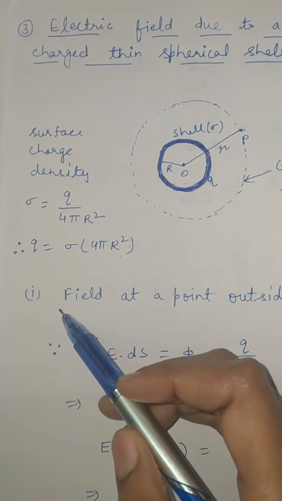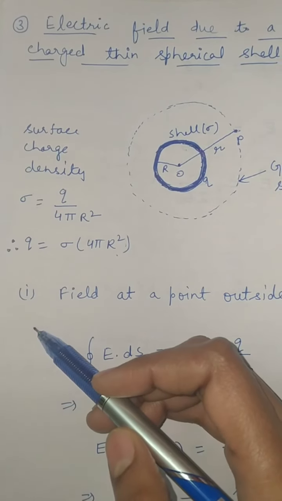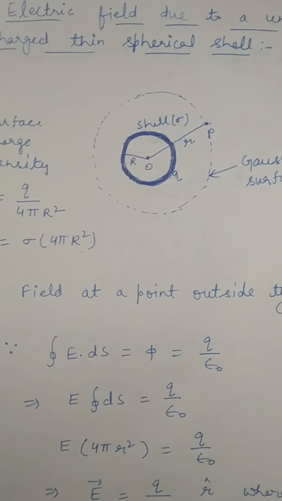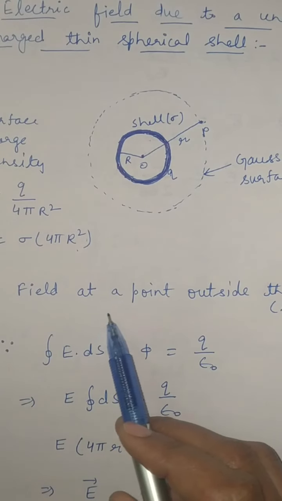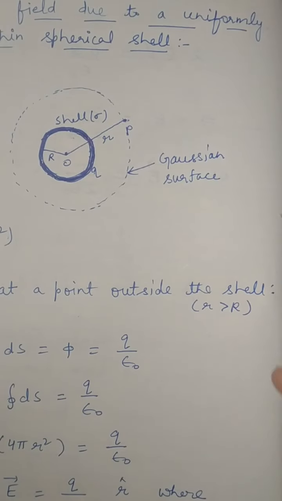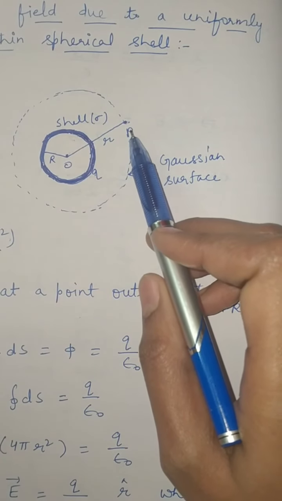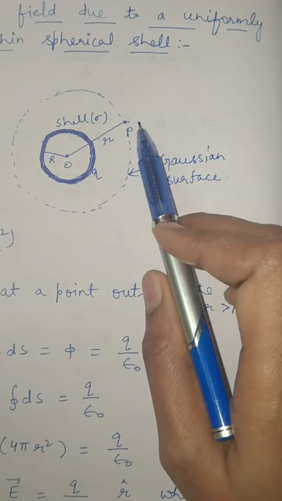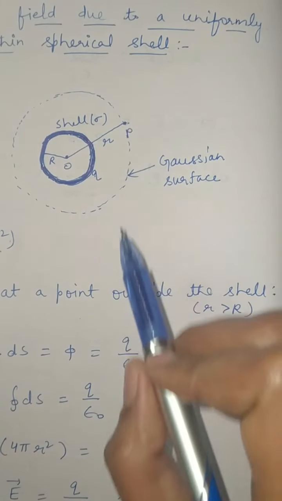So if we take the first case, in which we are calculating the field at a point which is outside the shell, like in this case, this point is situated outside the shell.